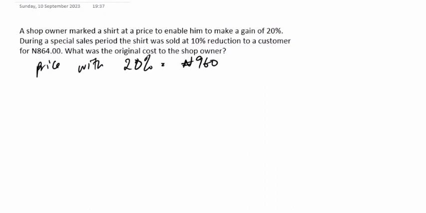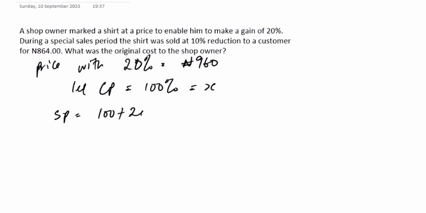Therefore let that cost price, CP, from the market equal 100%. If that is 100%, we didn't know that, so it equals x. Therefore the selling price here is going to be 100 plus 20%, which equals 120%, and that is also equal to 960 naira.